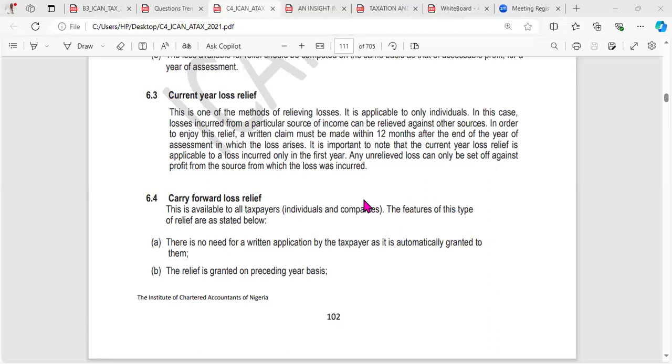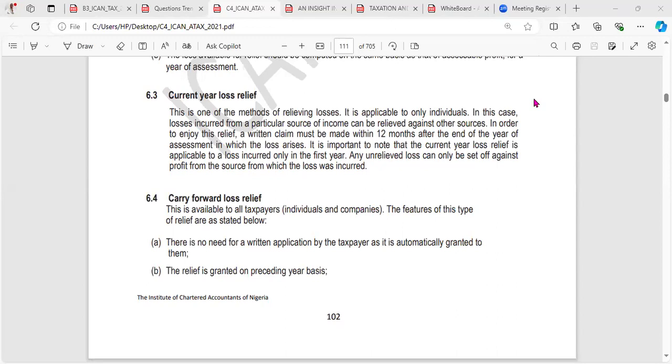All right, so we have been talking about current year loss. I'll need to explain that again due to the network issues we have. Current year loss is a type of loss that can only be taken advantage of by individuals.